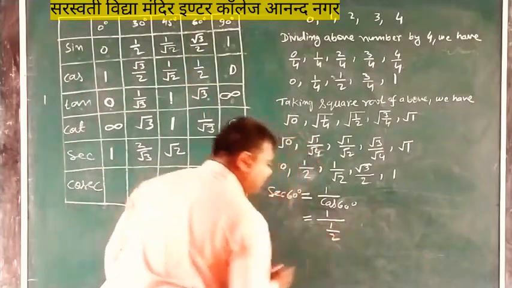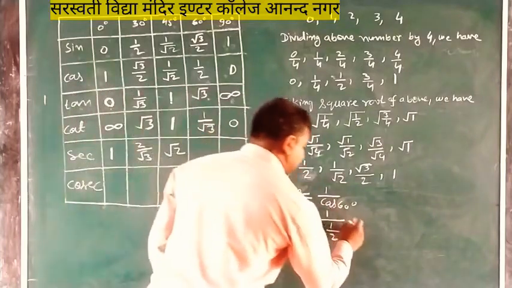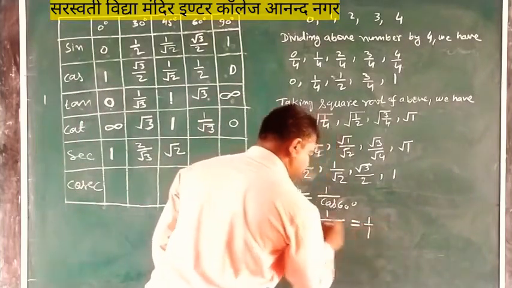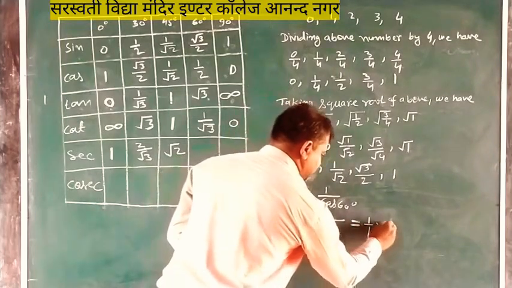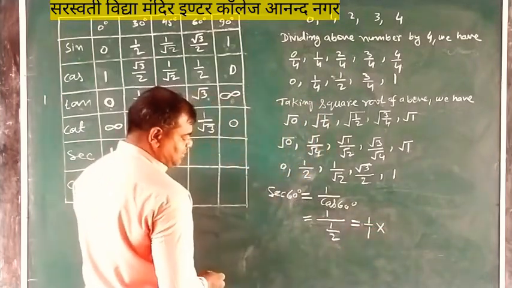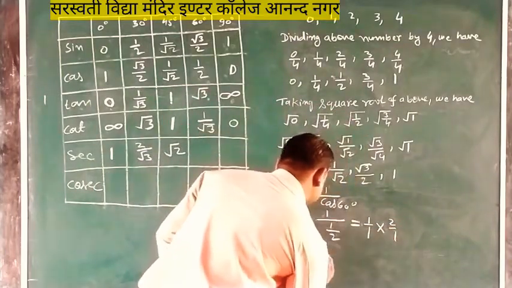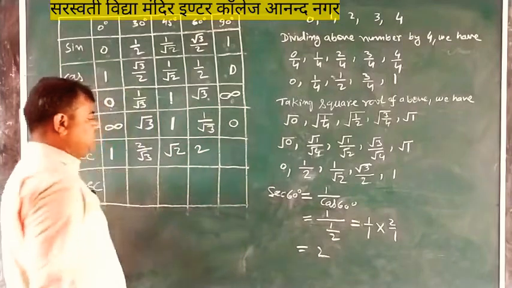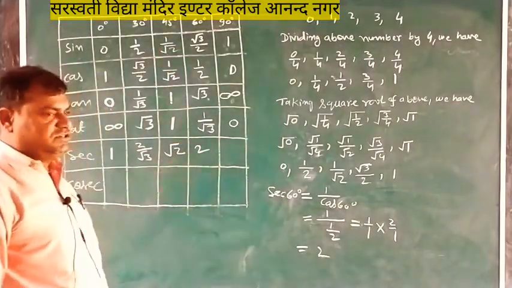After solving this, 1 by 1, and this divide sign will be converted into multiply sign, and 2 by 1. After solving this we will get the value of sec 60 degree is 2.